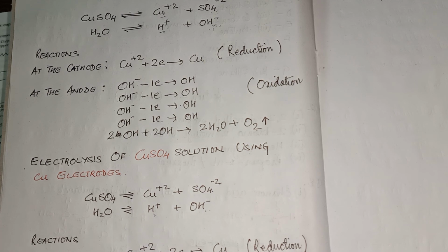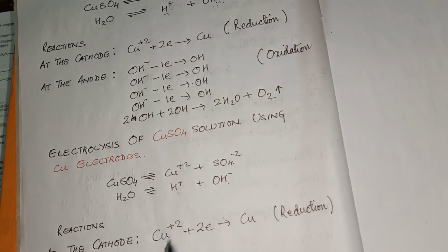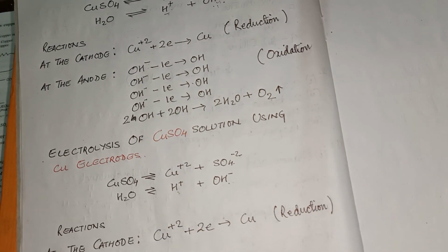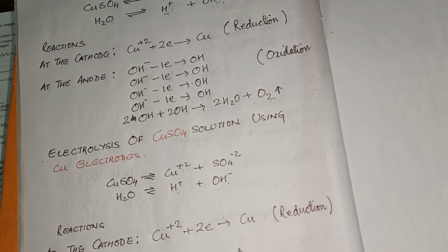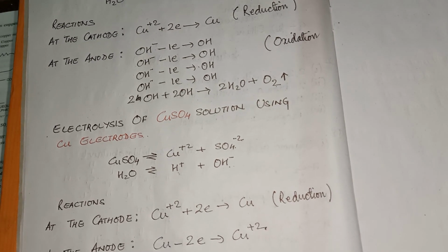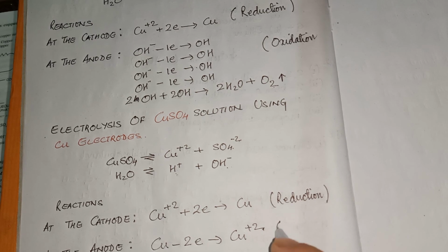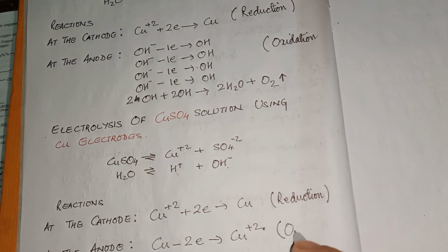Now let us write the reaction taking place at the anode. The anode itself undergoes oxidation and converts into copper cation. So these are the two reactions that take place at the two respective electrodes, and this is loss of electrons, so it is oxidation.